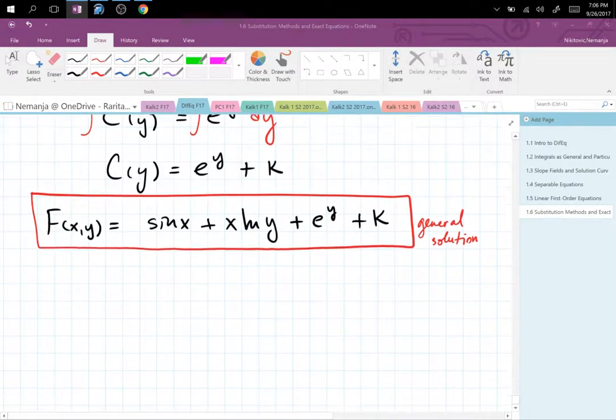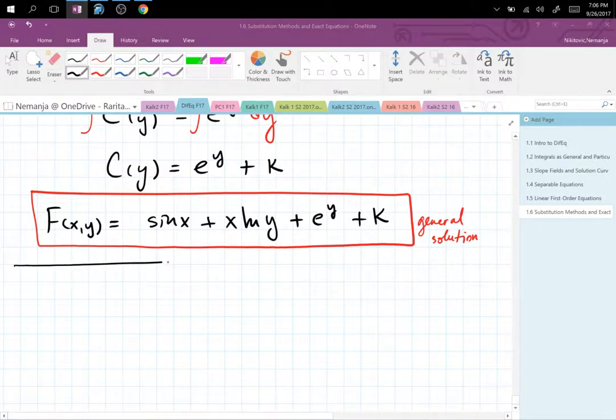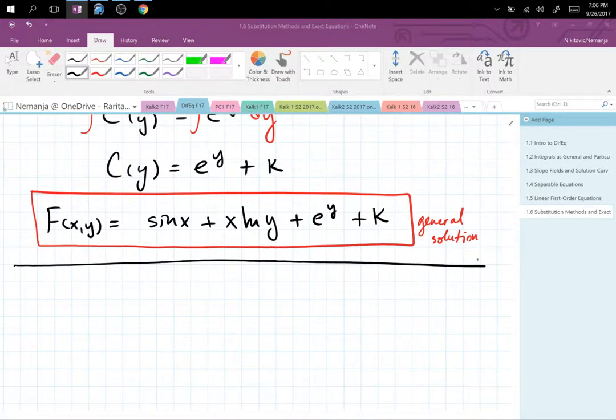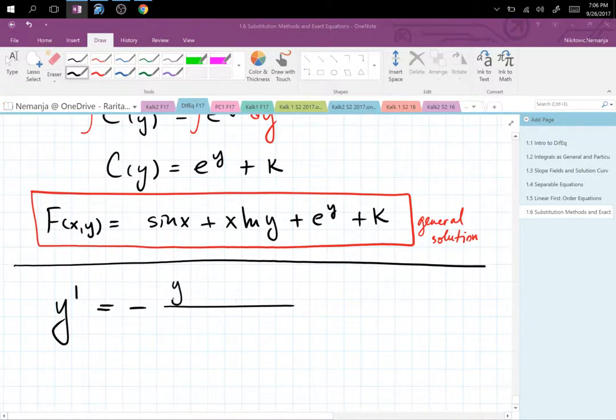I want to see if this problem can be solved this way. So if we have limits, we can then figure out the partial solution. y prime equals negative the fraction: numerator is y times quantity 2x cubed minus y cubed, divided by x times quantity 2y cubed minus x cubed.